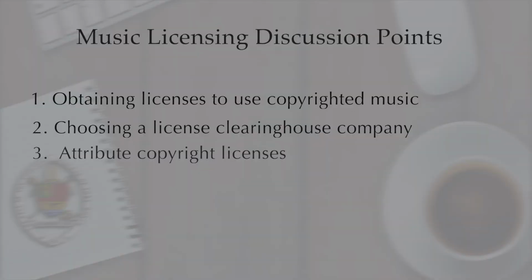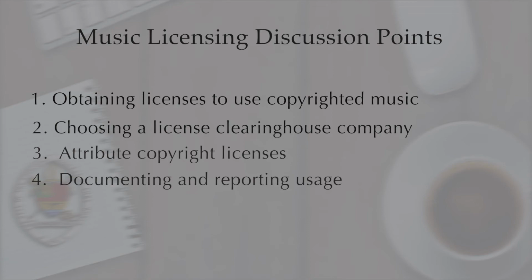Okay, so documenting and reporting usage is the next topic. The only way that the license company really has to authorize a license is to get feedback from you on what music you have actually used.